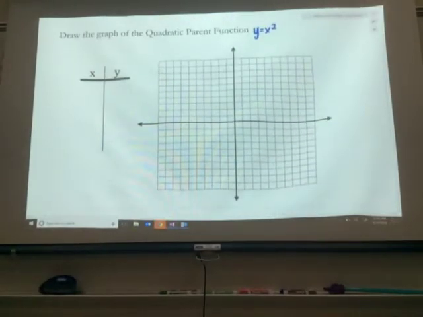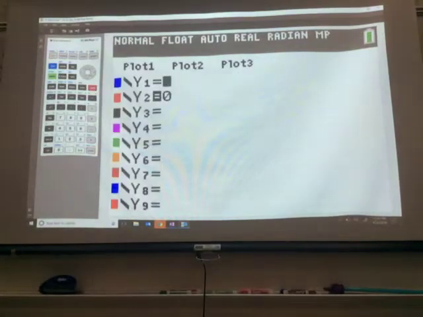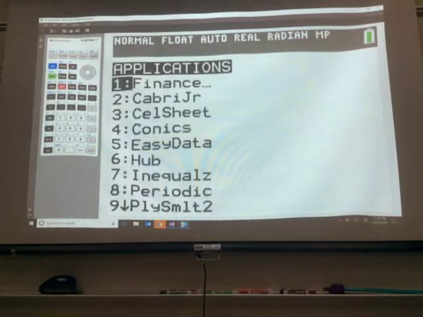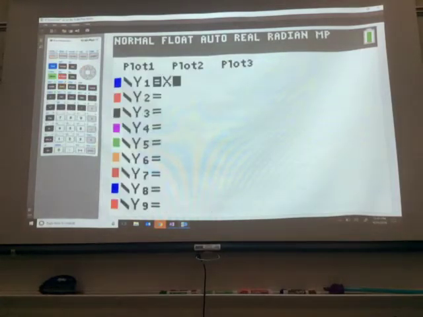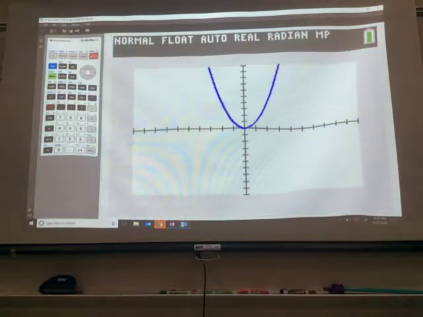All I'm going to do is go to my calculator in my y equals screen. I'm going to clear out what I have in there. I'm going to type in x squared. I'm giving you a chance to do that, so make sure you're practicing this, you understand what I'm doing. I'm going to go to the graph. It is an easy graph, but the problem is I don't know exactly where to put my points.